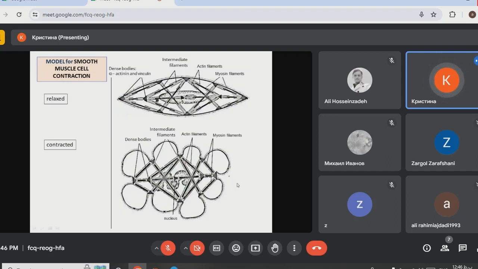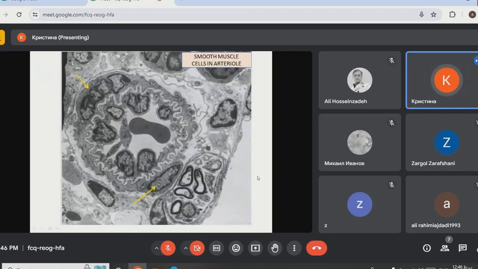Very funny shape of the cell, and the cell nucleus, which is usually elongated, becomes spiral looking because of this funny shape of the cell. So you can see it, for example, in this picture.